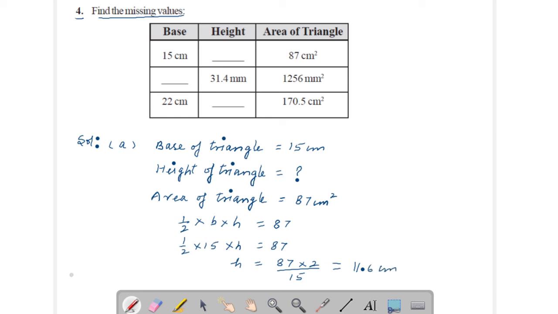Therefore, height of triangle, it is 11.6 centimeter. This is your answer.